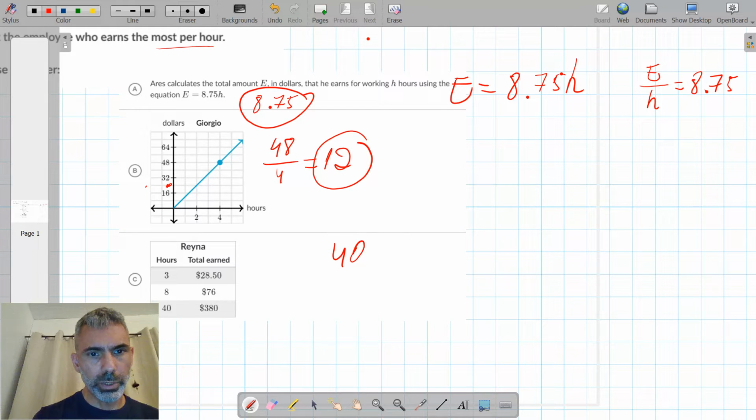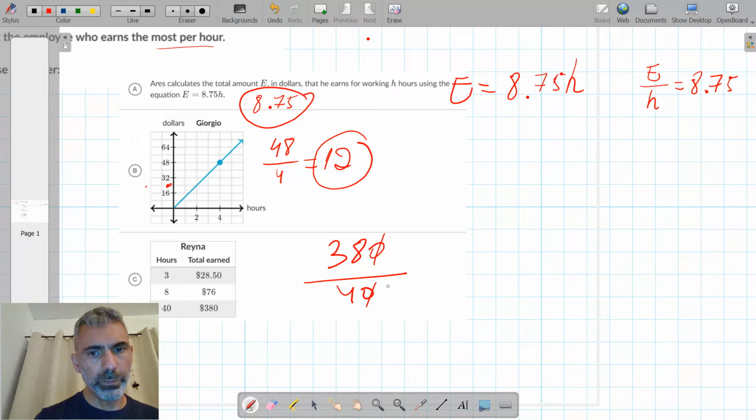And for 40 hours she makes $380 divided by 40, so we can simplify this.